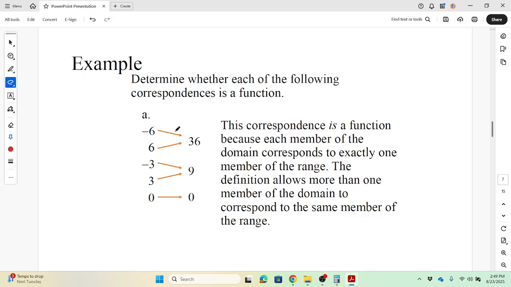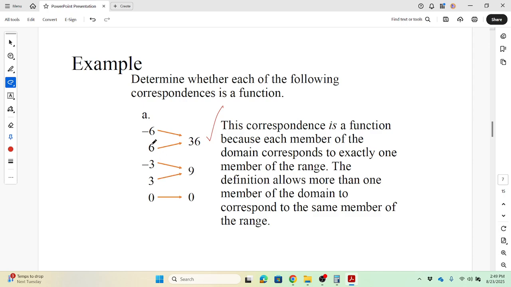More examples. Negative 6 goes to 36, positive 6 goes to 36. There is no problem because two inputs could have the same output. This correspondence is a function because each member of the domain corresponds to exactly one member of the range. Negative 3 gives you 9, positive 3 gives you 9.